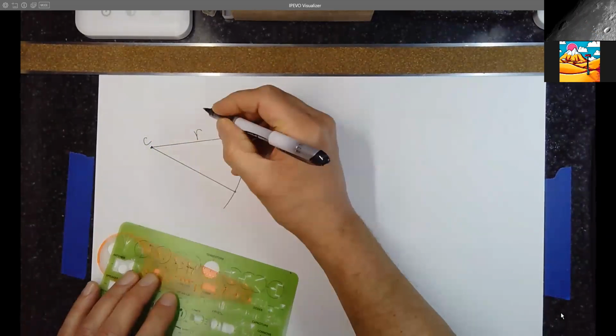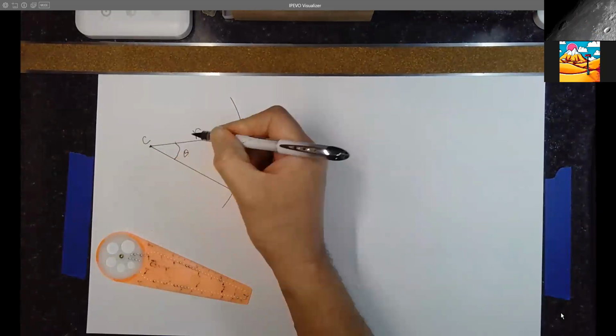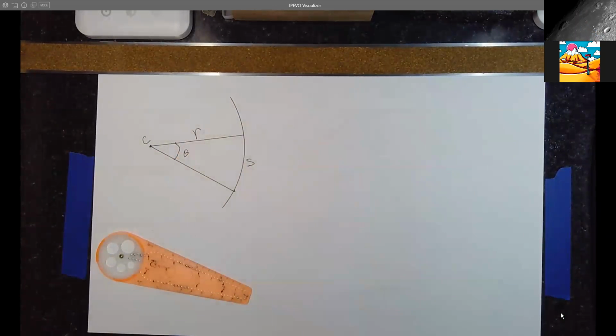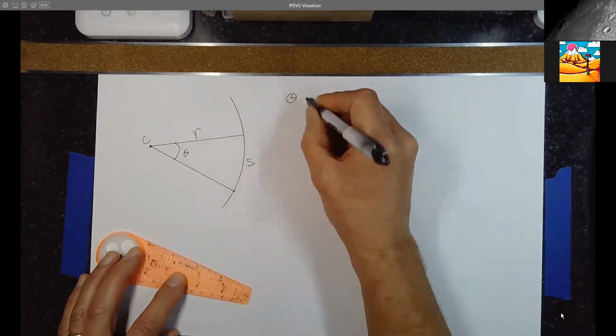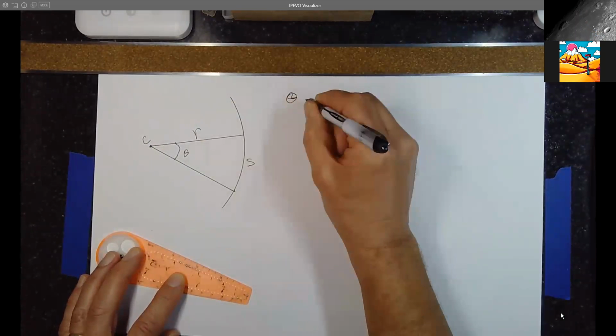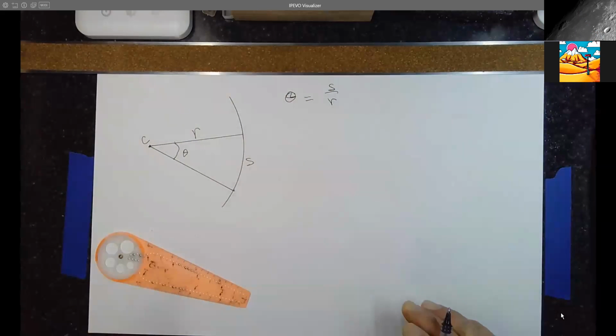And here's R. This is an angle theta. And here's an arc length S. And for radian measure, the angle theta is defined to be, whoops, that's not a very good theta, but it's just the arc length divided by the radius.